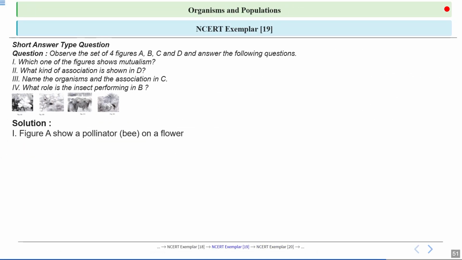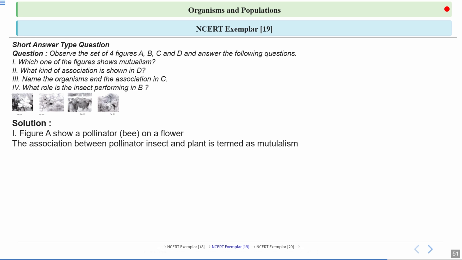Figure A shows a pollinator, which is a bee on a flower. So this is a classic example of two organisms interacting closely. This relationship between the pollinator insect and the plant is called mutualism. In mutualism, both the partners are benefited.